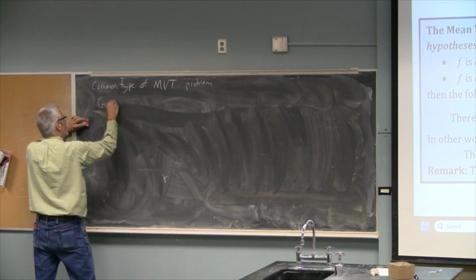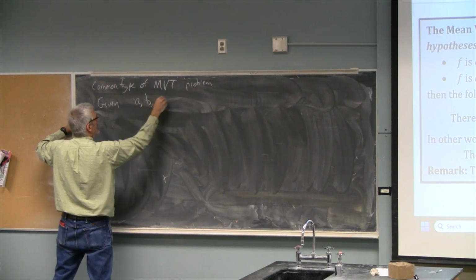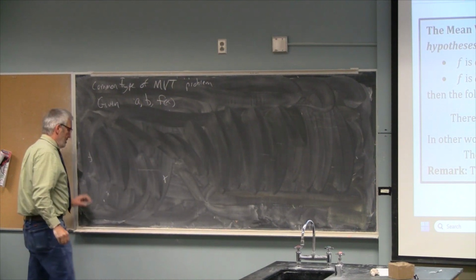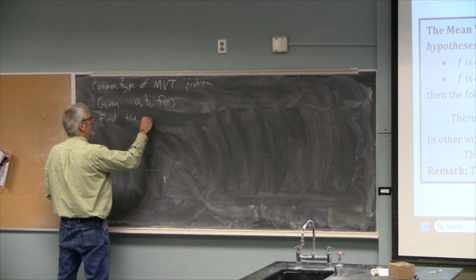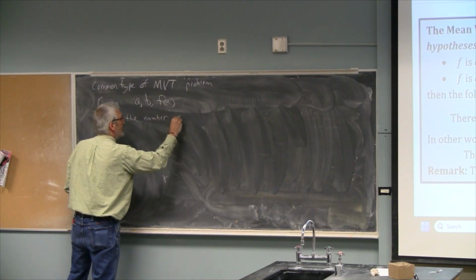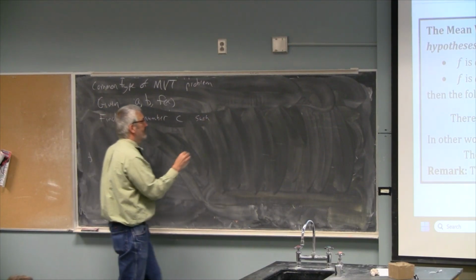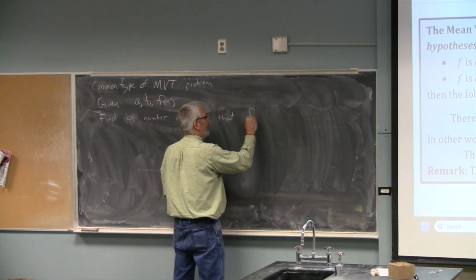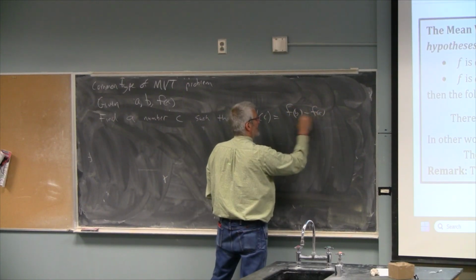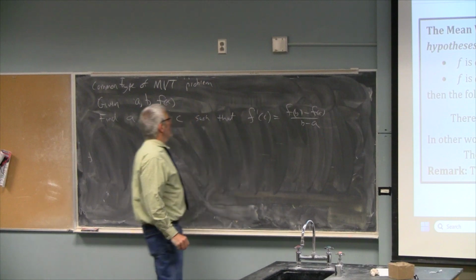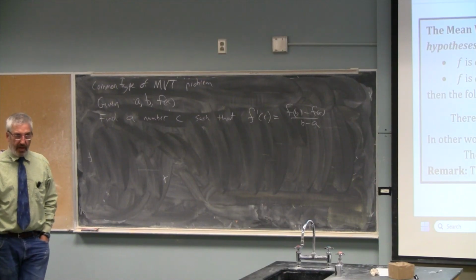Given a, b, and f of x, find a number c such that f prime of c equals this. So you have to figure out what the number is. You can't just say, well, I know that it exists. You got to actually find the number.